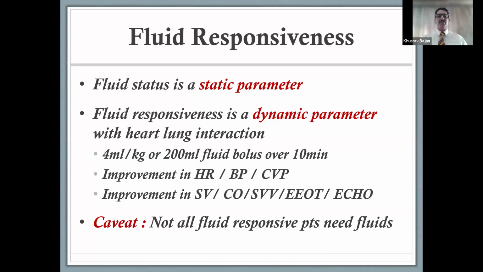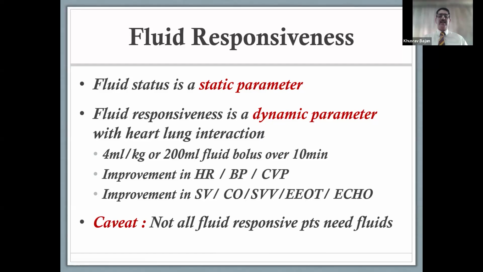But fluid responsiveness is a dynamic parameter in which there is a heart-lung interaction happening. Here we give 4 ml per kg or 200 ml bolus of fluids over 5 to 10 minutes. And practically what we look at in the ER is improvement in the heart rate, blood pressure, maybe also a CVP that might improve here.